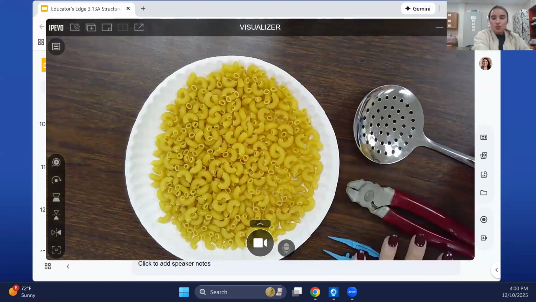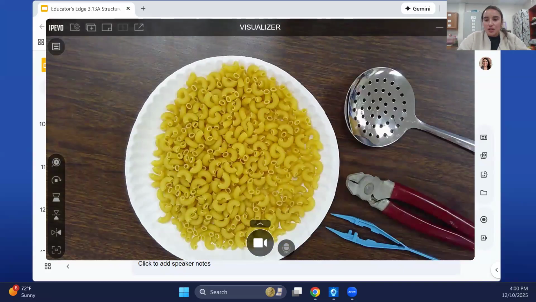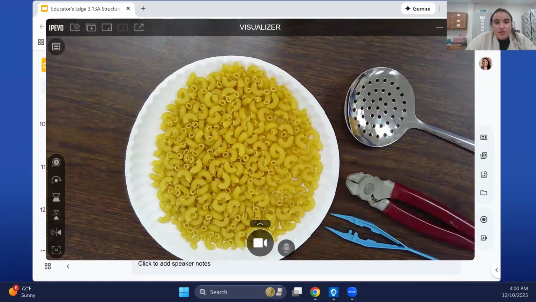Okay, so which of those tools, if you can make a prediction, do you think will be best to get the food source of our insects? Okay, strainer, tweezer, strainer. Very good, good predictions. And so then you would go through and again repeat that process, where you would talk to the students about the structure itself and how it collected the most.